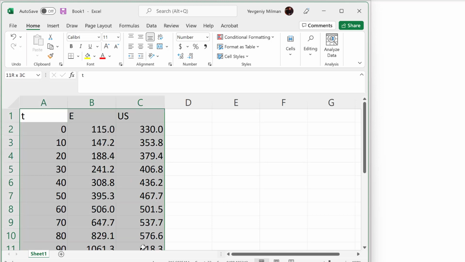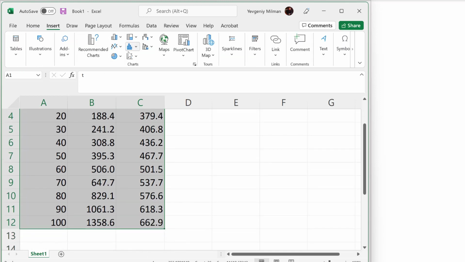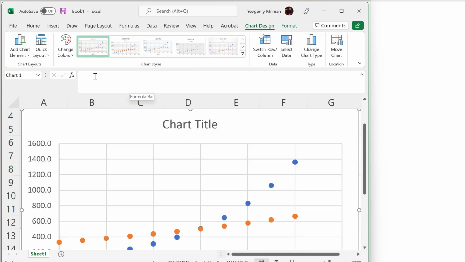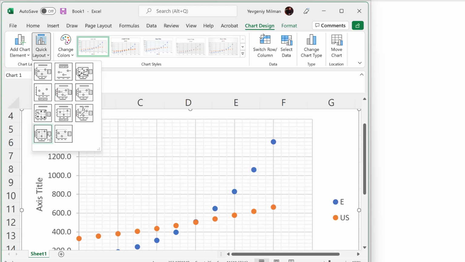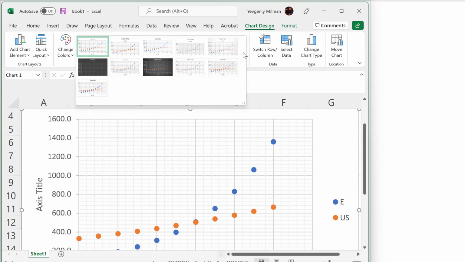This will be even more clear once we take this and graph it. All right, so I'm going to insert a scatter like this. I'm going to use the layout to make it more mathematical. All right, like this. And then let's see if I can connect these points.